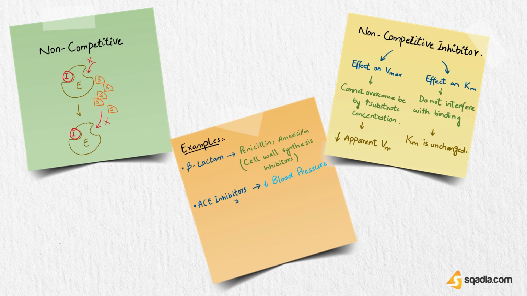They lower the blood pressure by blocking plasma angiotensin-converting enzyme that cleaves angiotensin 1 to form the potent vasoconstrictor angiotensin 2. And another example is aspirin, a non-prescription drug which irreversibly inhibits prostaglandin and thromboxane synthesis by inhibiting cyclooxygenase.